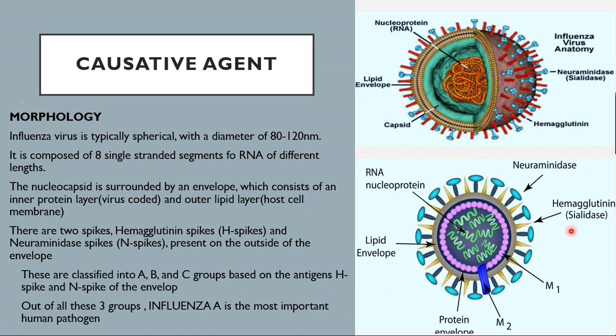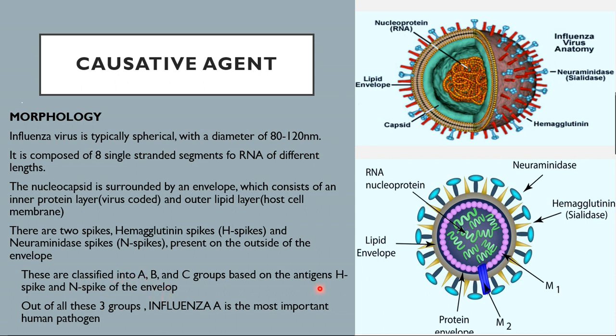So this is all about the hemagglutinin spike and the neuraminidase spike. The neuraminidase spike is mushroom shaped, and the pointed one is the hemagglutinin.